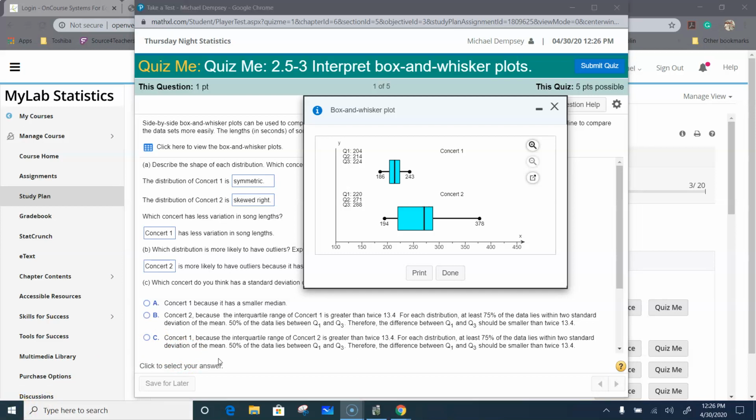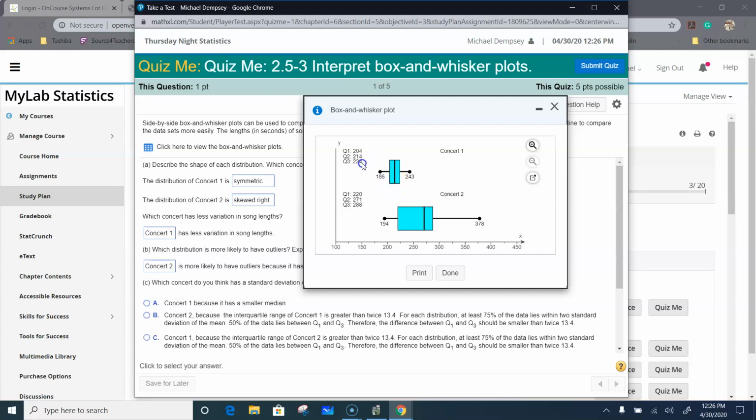Okay, so this one's a little bit tricky to understand, but they're using Chebyshev's rule here, right? At least 75%, right? So if I'm at the mean and I go 13.4 above and below the mean, then I should have at least 75%. Here I definitely have at least 75%, right?